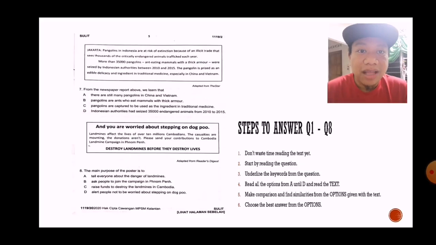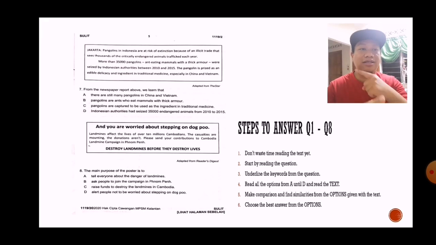B cakap apa? Pangolins adalah semut yang makan mamalia yang mempunyai armor, perisai yang tebal. Pangolins are not ants, because look at the text. The text mentions ant-eating mammals with a thick armor. Pangolins ni bukan semut, tapi pangolins adalah mamalia yang makan semut. Not ants, but eat ants.